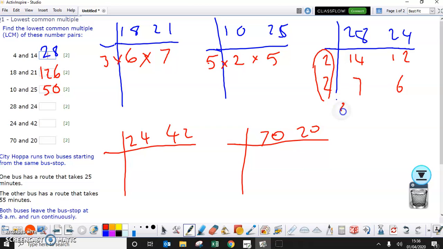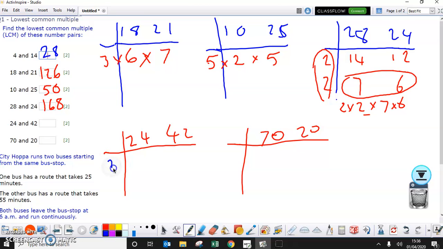So I've got 2 times 2 times 7 times 6. Again, 7 times 6 is going to give me 42. If I double 42, it gives me 84, and double 84 gives me 168.